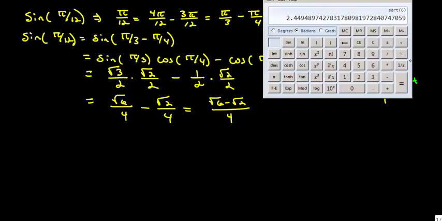So we've got the square root of 6 minus the square root of 2. I'm getting 1.03, and I want to divide that by 4. So I'm getting 0.26 roughly.